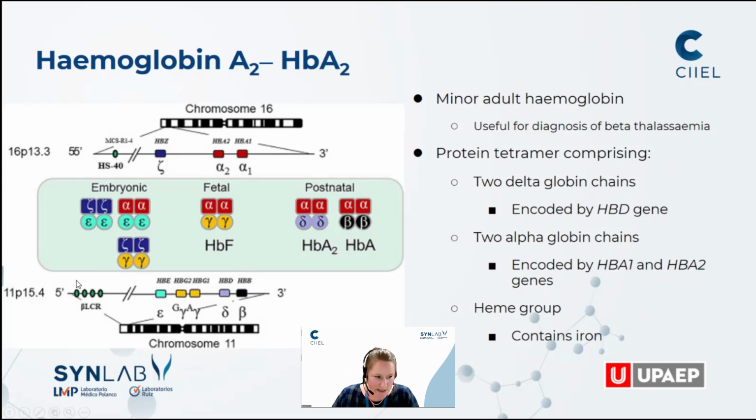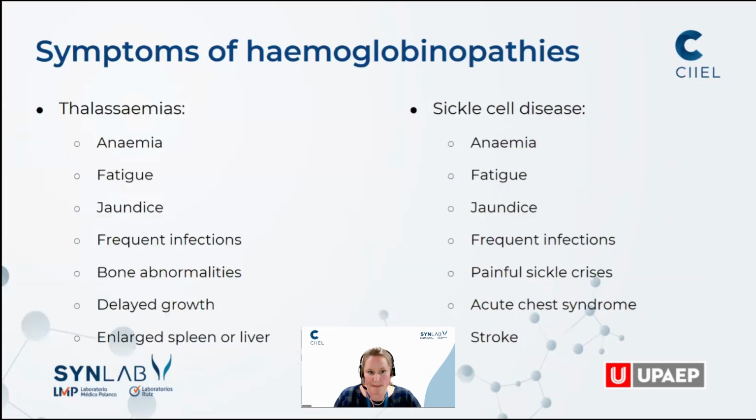Now, the beta globin gene cluster is also controlled by a locus control region, which again is a series of enhancers which controls expression across the cluster, and it's very, very tightly controlled expression because of this complex interplay between the fetal and adult forms of hemoglobin. So those are the hemoglobins that we're going to talk about today and that are affected by the hemoglobinopathies.